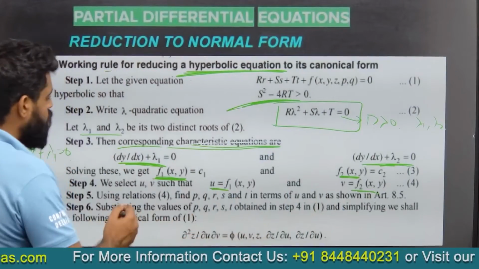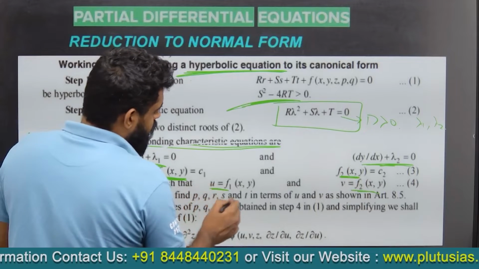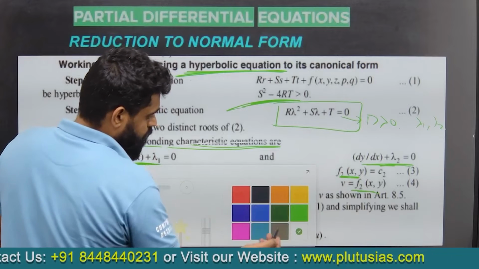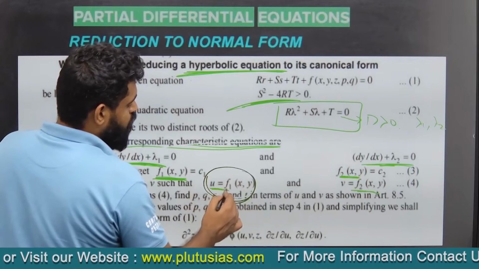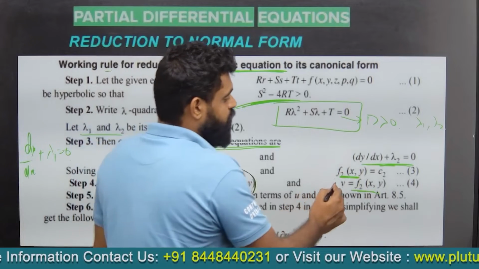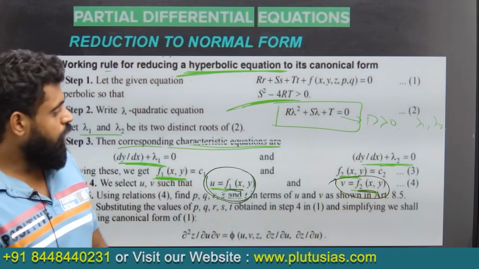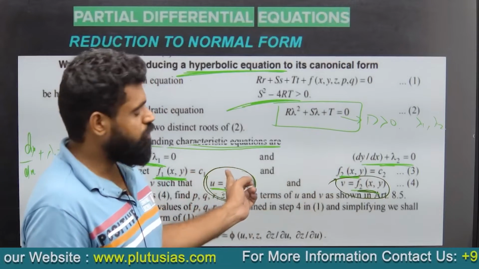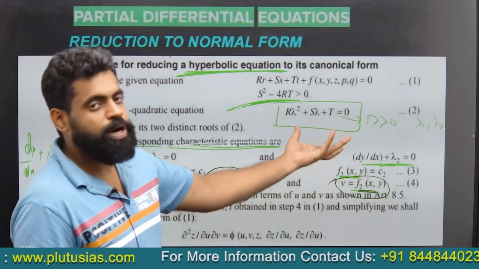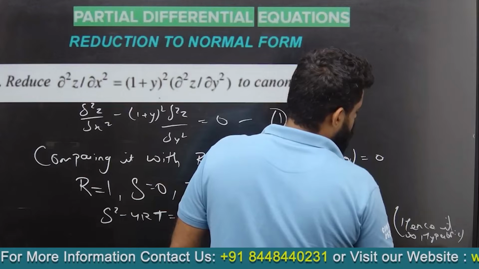Okay, so now what do we have to do? We have to select u and v such that u is equal to f1 x y and v is equal to f2 x y. Okay, so we have f1 equal to c1 and f2 equal to c2. We have calculated f1 and f2, so we have to consider them as u and v.